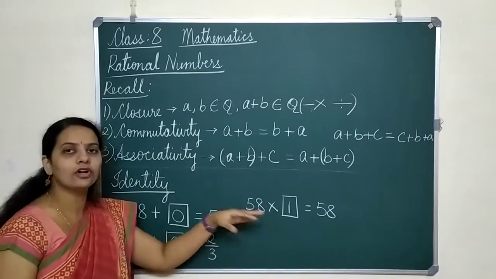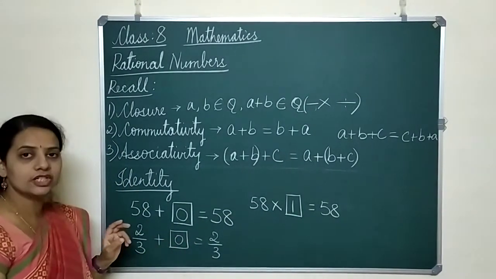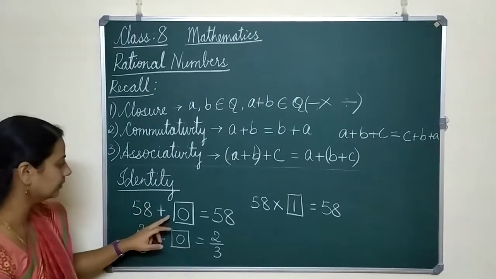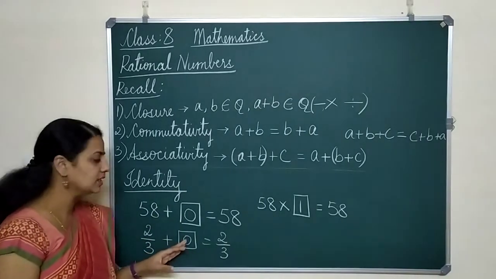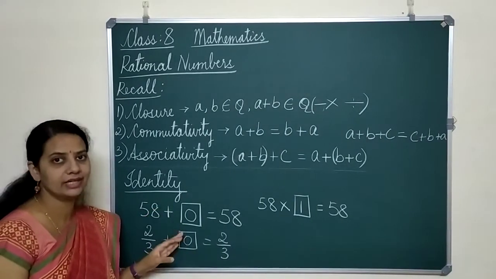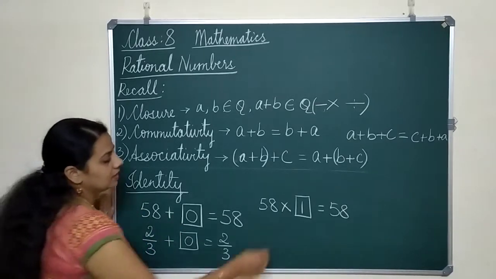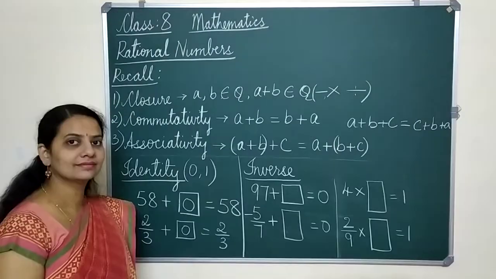And this holds good for all the numbers, whole numbers, integers, rational numbers, for everything. Except for natural numbers, 0, because 0 doesn't belong to natural numbers. You cannot have additive identity for natural numbers.